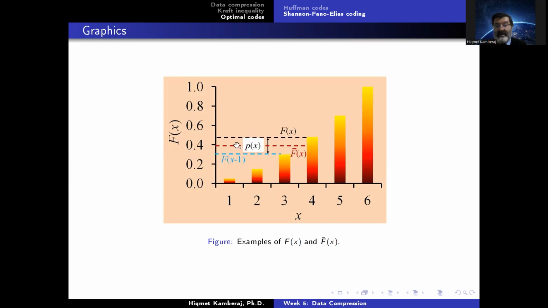Now F bar of x is this one in red. So you could see it is between F of x minus 1 and F of x, and it is right in the middle. The distance between F of x and F of x minus 1 is P of x, so it is also the difference between F bar of x and F bar of x minus 1.